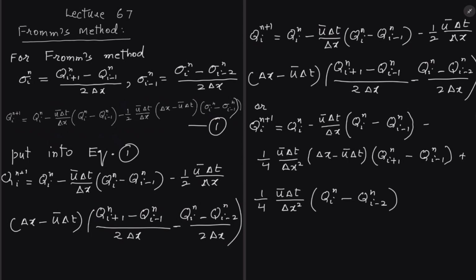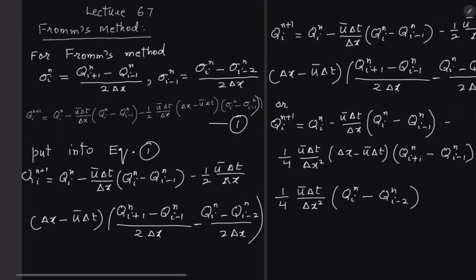And this can also be written as, you just take the LCM and solve it. Finally, you reach this value, and so on. So this is actually Fromm's method, a very simple procedure.